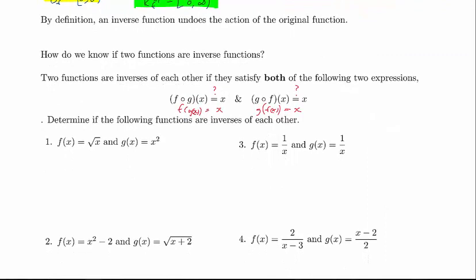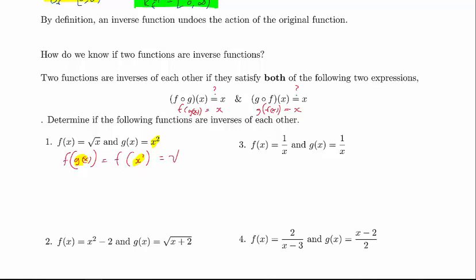All right, so determine if the following functions are inverses of each other. We have to make sure we test it in both directions. So f of g of x, that's f composite g. This would be f of x squared, and then we plug that in.